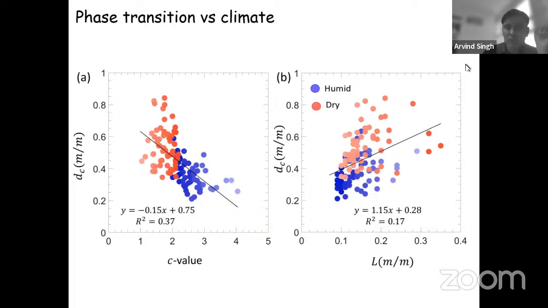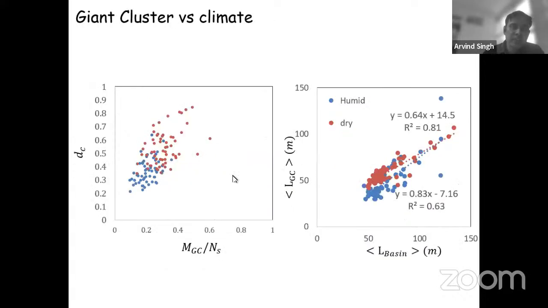From the point of overall phase transition, what we saw is that DC has a dependence on the C value and does not depend on the geometry as much as on the topology. We cannot compute the C values of these giant clusters at the time of phase transition because the Tokunaga analysis requires larger networks and it won't be a robust estimation of the C value.